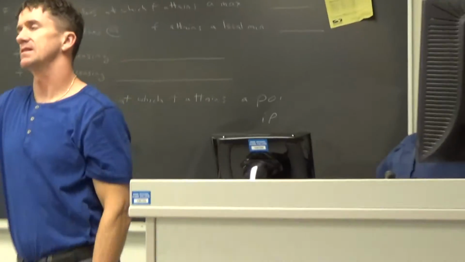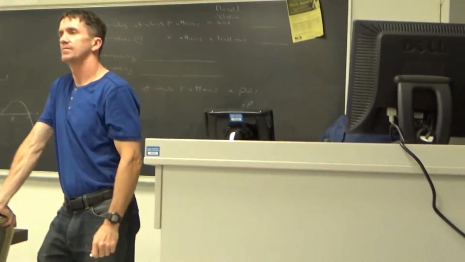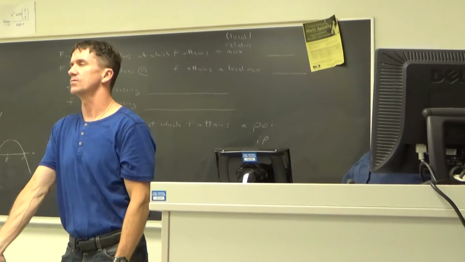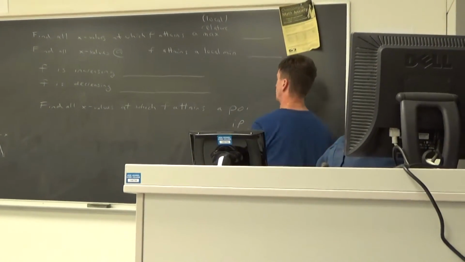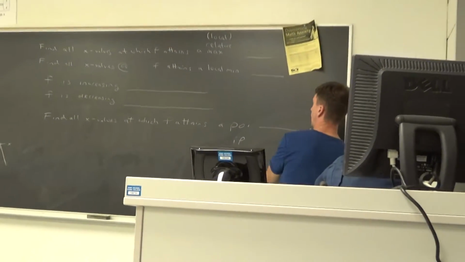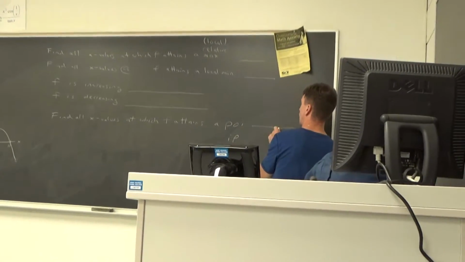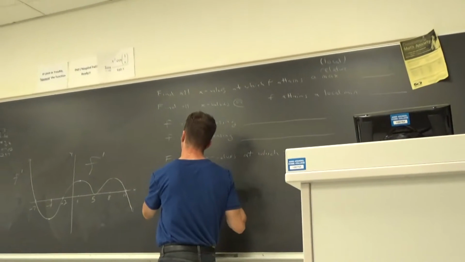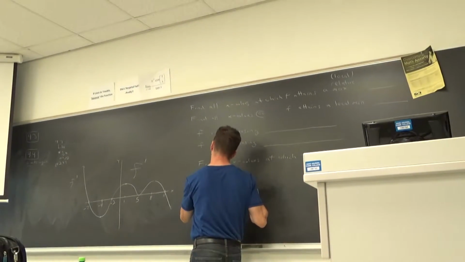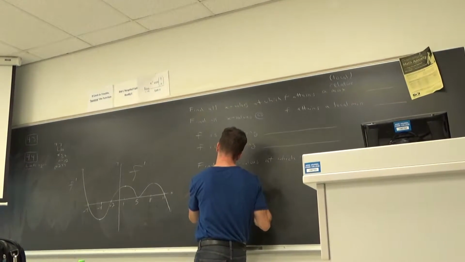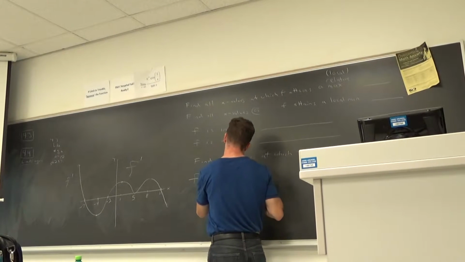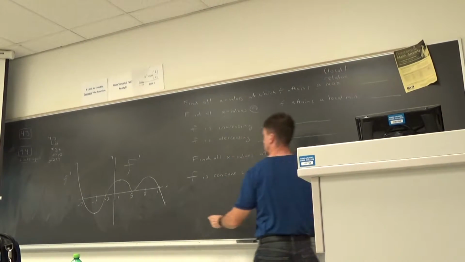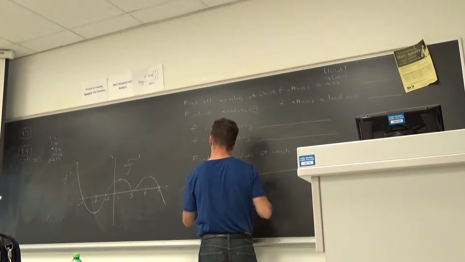I get the IPs a lot because that's what a student took in calc before. They're like, that's what my calc teacher used to do. IP for inflection point, but a point of inflection, POI. More than one, I'll put it. And then finally, intervals where f is concave up. And lastly, where is f concave down?